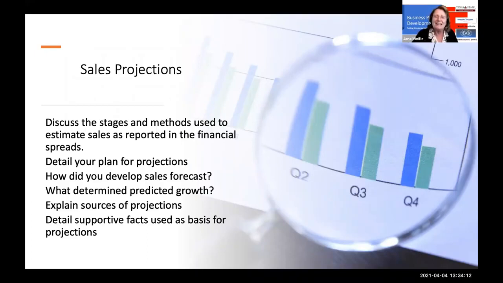You need to really understand exactly how you come up with those sales projections, because people are going to be looking at it and they want to understand it. Now, investors, loan officers, and others, when they're looking at these sales projections, they know they're wrong. We all know they're wrong because we're guessing the future. The future we don't know. But what is so critical here is the assumptions.